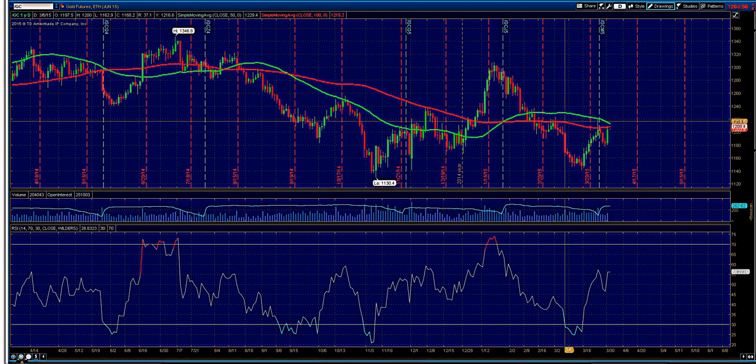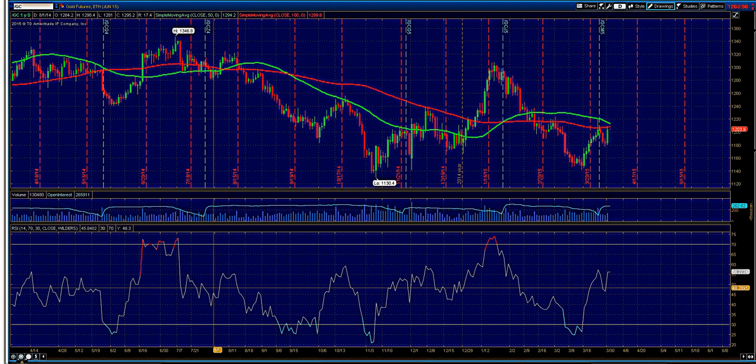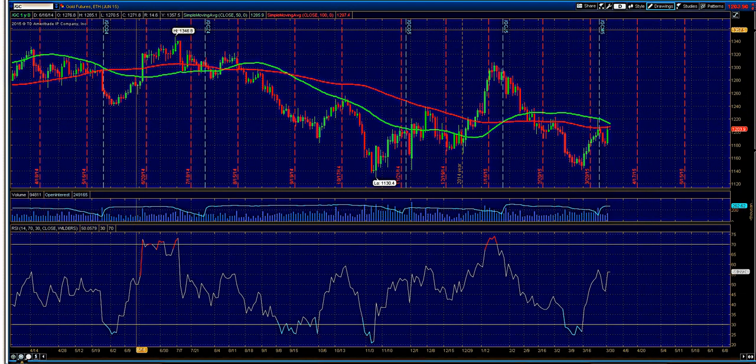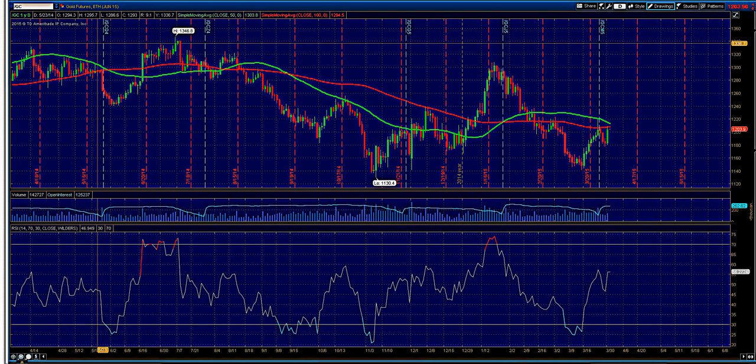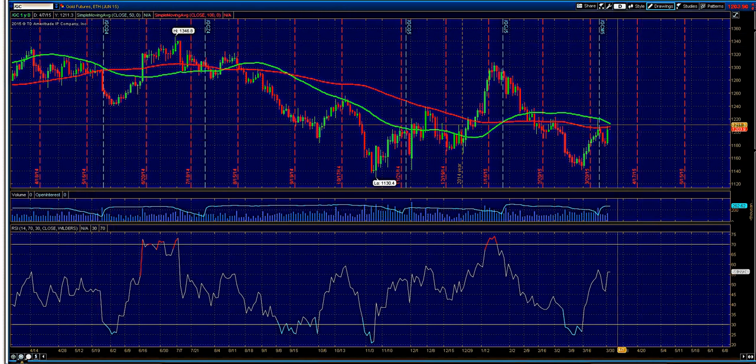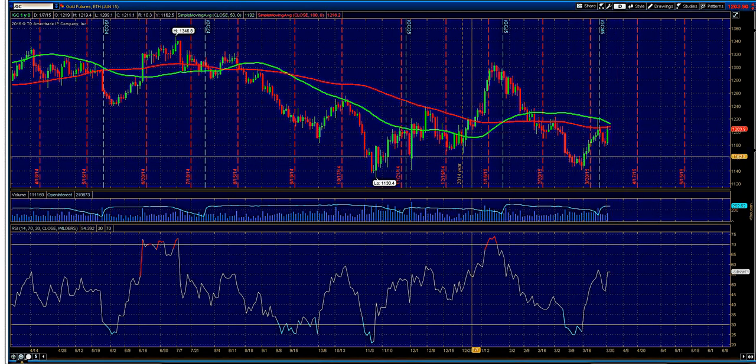But until then, I would like to be sidelined with this particular pair. I think crude oil is more attractive in terms of a commodity trade. For gold, we would like to see further developments, but the bias on gold going forward is still to the downside as we stay below both these key moving averages.